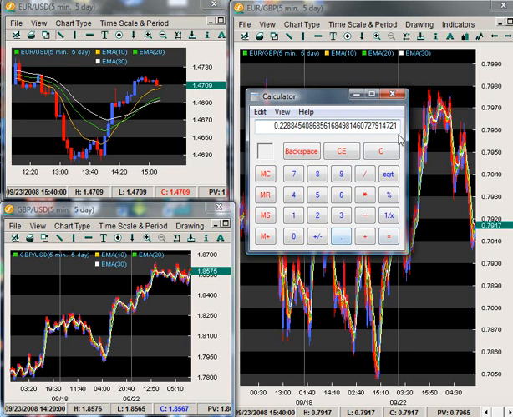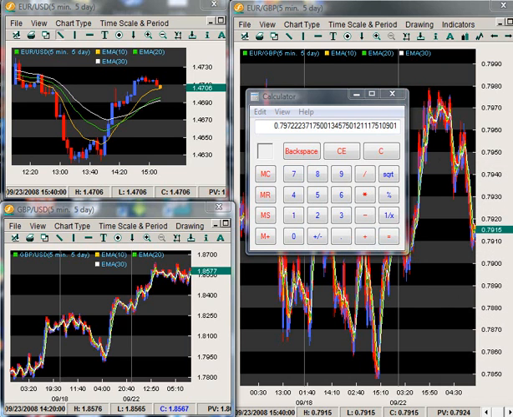So, we take 148.10 and we divide it by 185.77, and we see 79.72, and euro sterling is trading at 79.15.